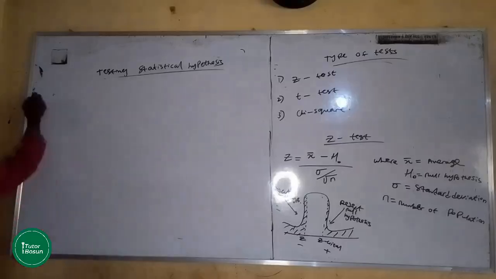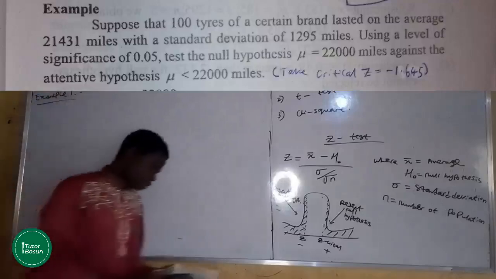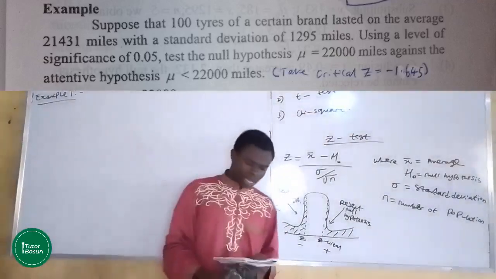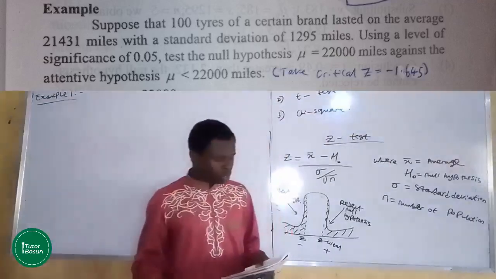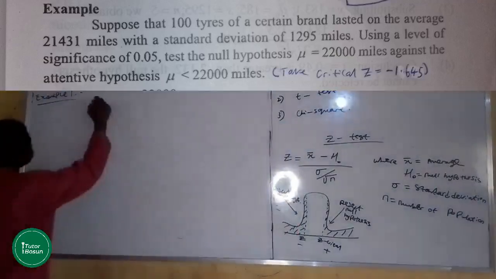Example 1. This example says, suppose that 100 tires of a certain brand lasted on the average of 21,431 miles. That's the given average, which is x bar.